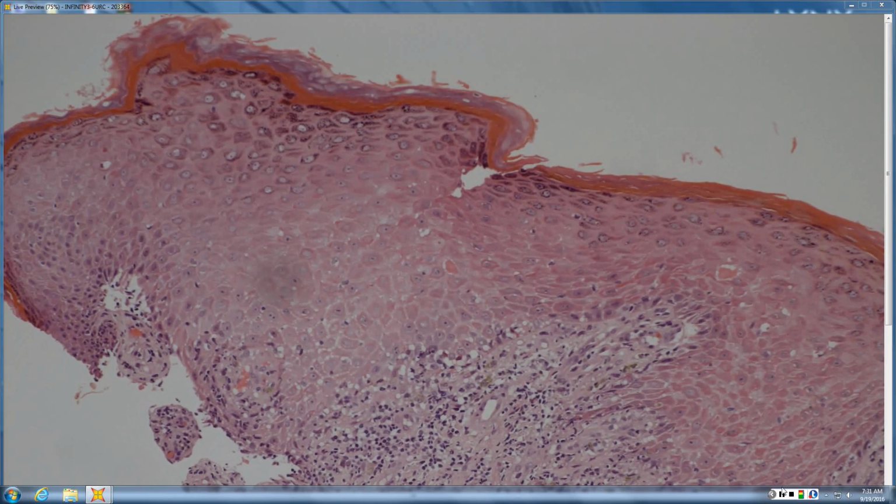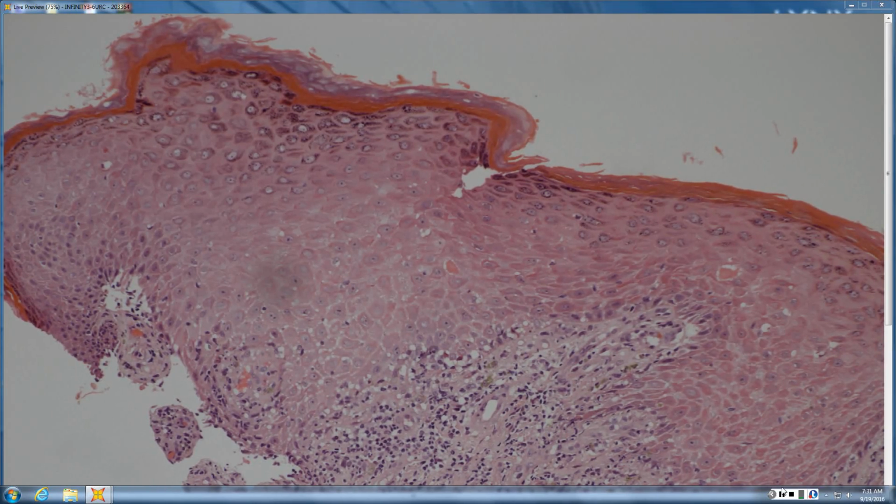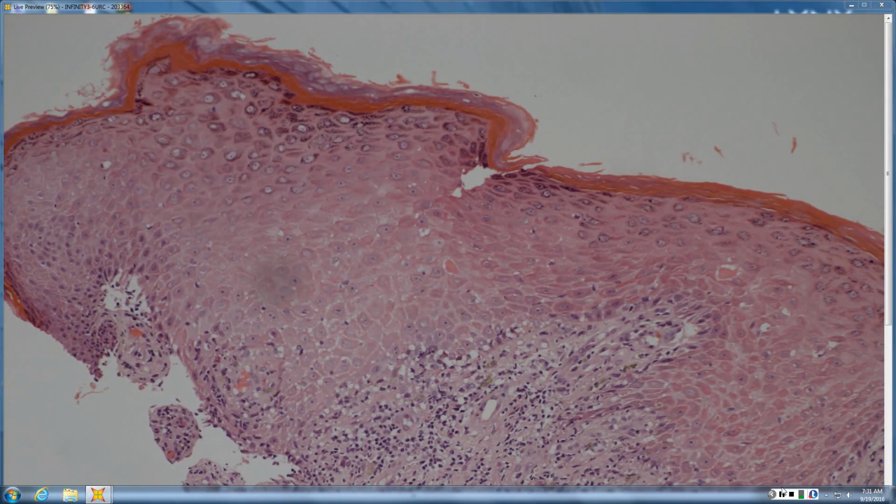Whereas in lichenoid, your basal layer is destroyed, giving you things like Civatte bodies and squamatization of the basal layer and sawtoothing. So which one is this? Is that a rounded DEJ or a sawtooth DEJ with dead reds at the junction? Sawtoothy, with dead reds at the junction. So that makes it then lichenoid.